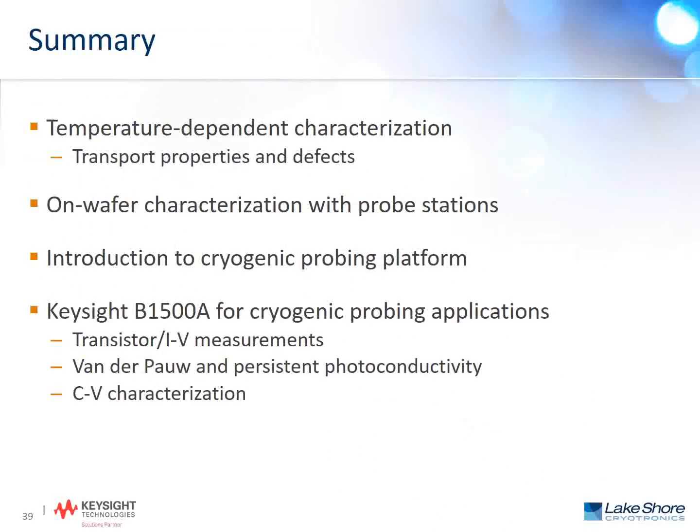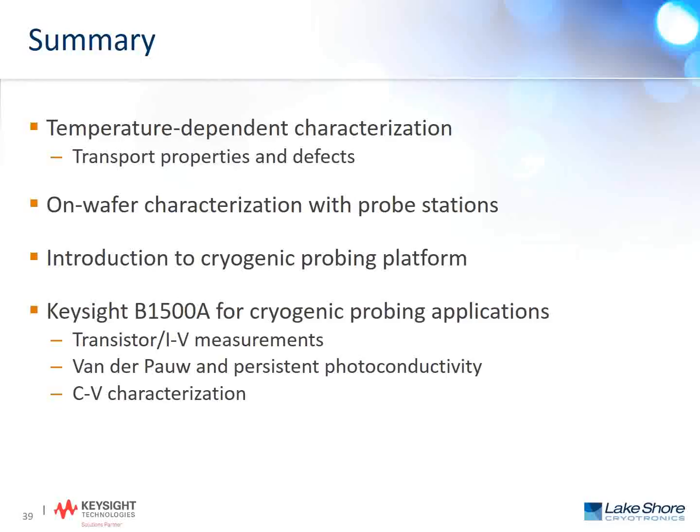And that brings us to our summary. So in today's presentation, we talked about temperature-dependent characterization and how that's important for device research and development, looking particularly at transport properties and defects. Then we looked at why we use probe stations for on-wafer characterization and many of the benefits of doing that.